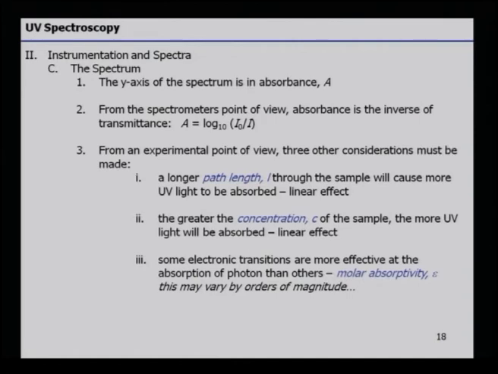So, there are three things that must be kept in mind. One is the cell path length. Cell path length plays a very important role because it will affect the linearity of the calibration. So, we need to have a standard cell path length, and a 1 centimeter cuvette is utilized most of the time.